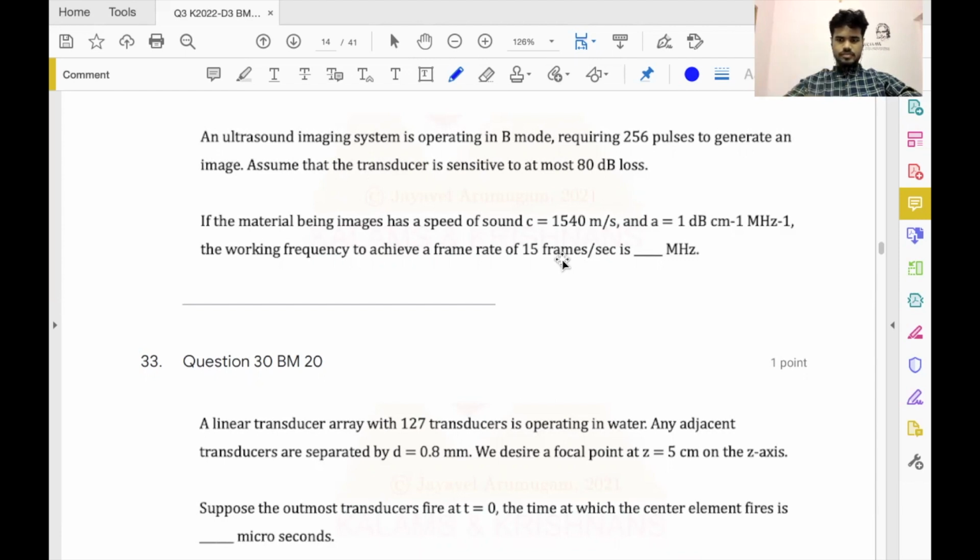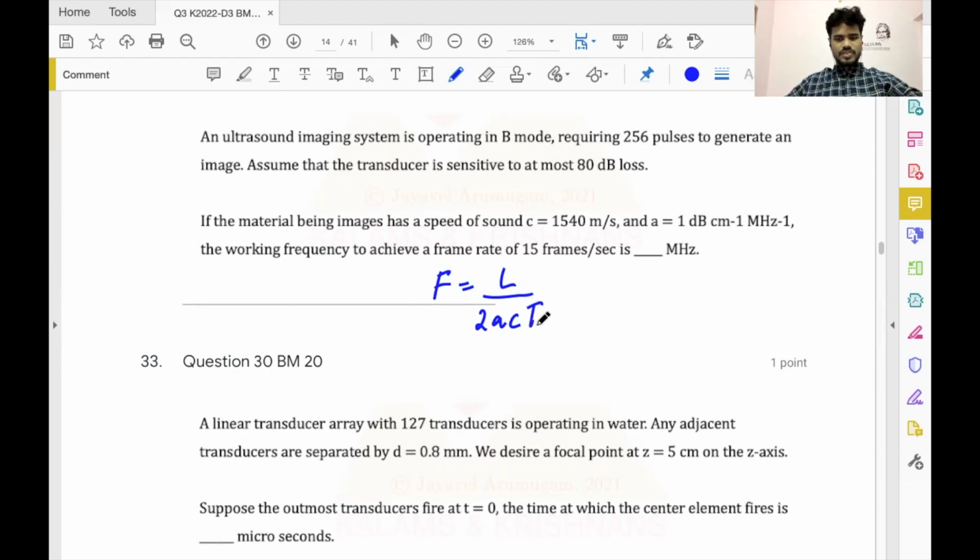F is equal to L upon 2AC, TR. Okay, TR. Fine.